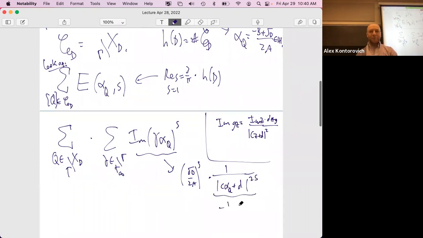So this thing is actually 1 over Q itself evaluated at (C, D) to the S with no absolute values. That's exactly what Q is. Actually, you have to pull the 2A inside of here to get that.